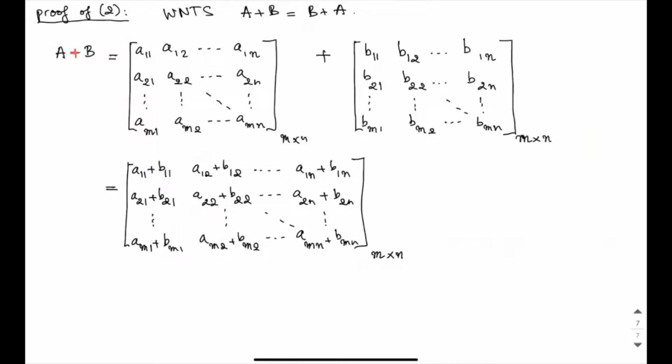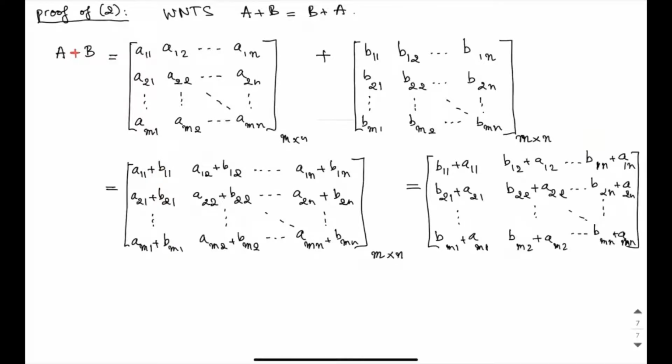So, with that being said, A11 plus B11 is the same as B11 plus A11, and then B12 plus A12. All right. It's just tedious work to write out all the entries.